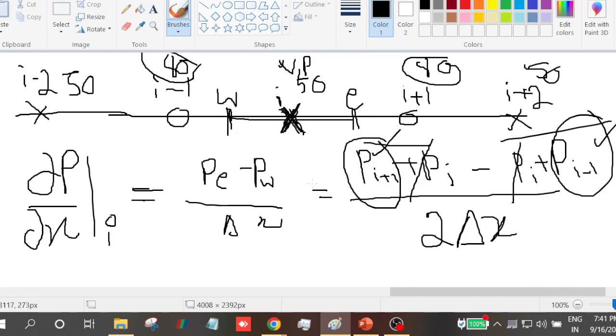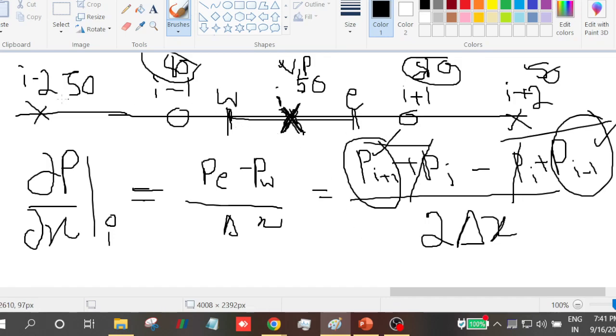If you see the values, PI plus 1 is 80, PI minus 1 is also 80. 50 is at I, but I itself has got deleted here. So it will become 0. 80 minus 80 divided by 2 delta x, so it is 0.